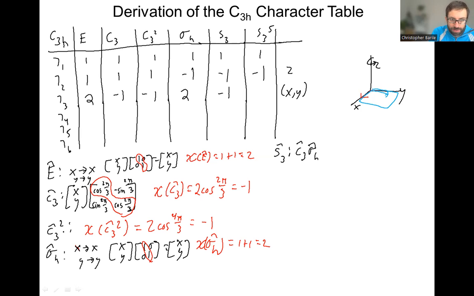Same thing with S3 squared, sorry, S3 to the 5th is equal to C3 squared, just as a reminder, times sigma h. Sigma h didn't do anything. C3 squared gave us a character of -1, so we get -1. And so at this point, we can keep going on and deriving other functions. And the one I want to derive next is thinking about some d orbital functions, so some quadratic functions.